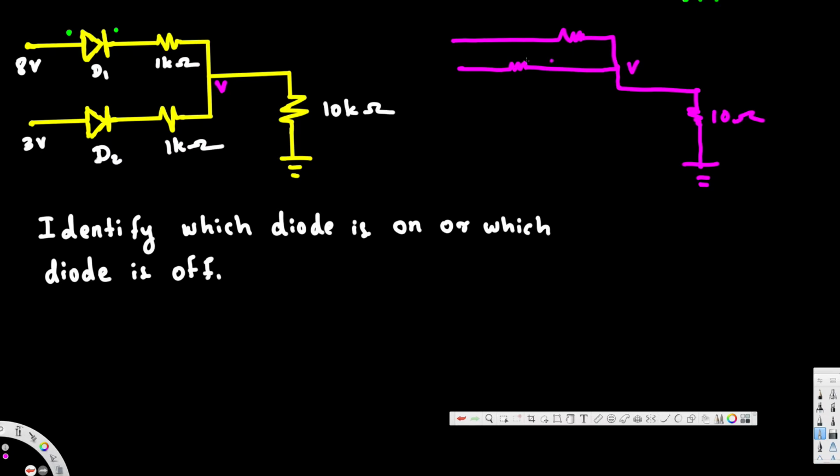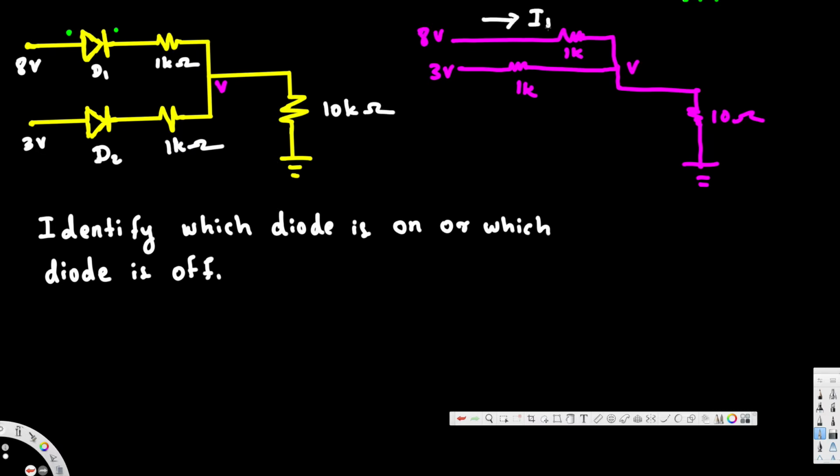This voltage is 8 volts and this is 3 volts and this is V, and this resistance is 1k and this is also 1k. Since it's a diode, we always assume the current's direction from anode to cathode. This is the anode side, this is the cathode side, so we assume the current is in this direction.